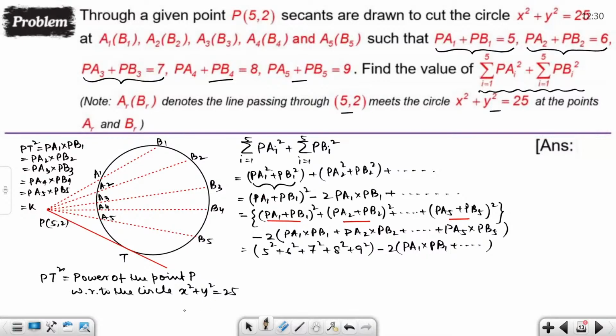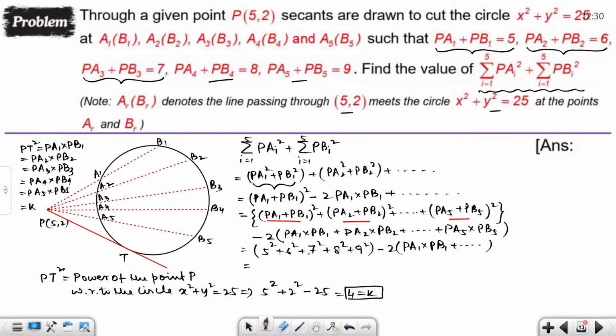Am I correct? And what will be this value? It will be 5 square plus 2 square minus 25. So that gives us 4. Is it clear? Therefore, the value of K is nothing but 4.